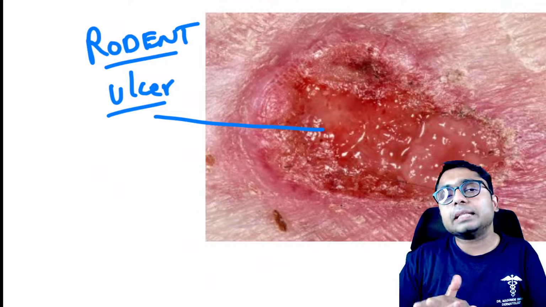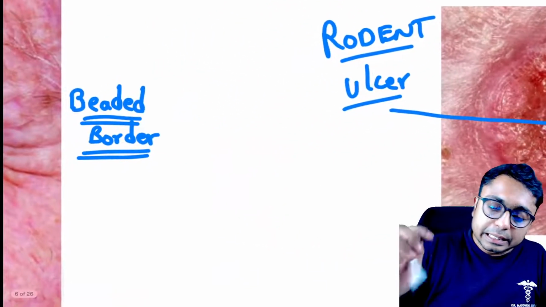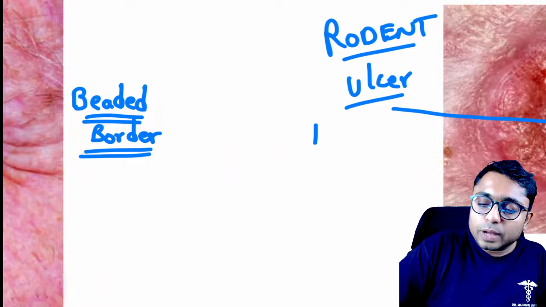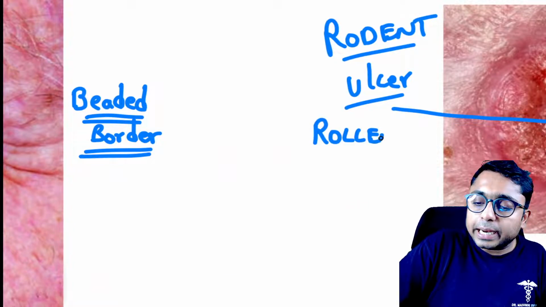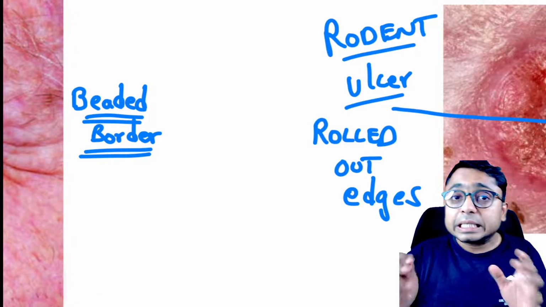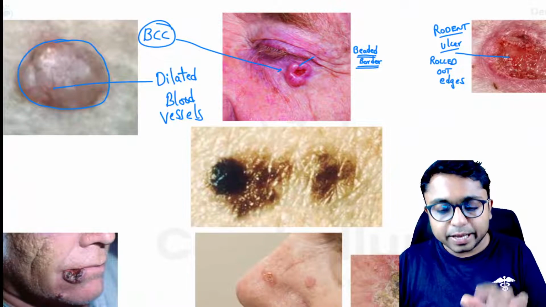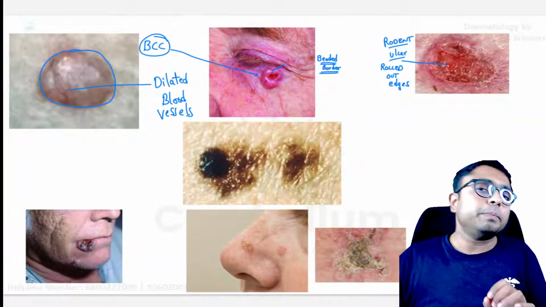So it appears like that, so it is called a rodent ulcer. And one more term which we need to remember is this ulcer is going to have rolled out edges. Okay, all these are very important previous year questions. You need to have an idea of all these terms related to BCC.